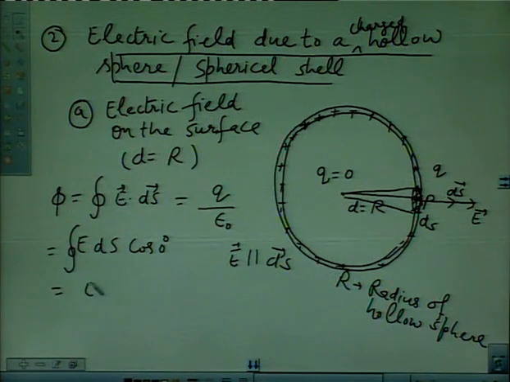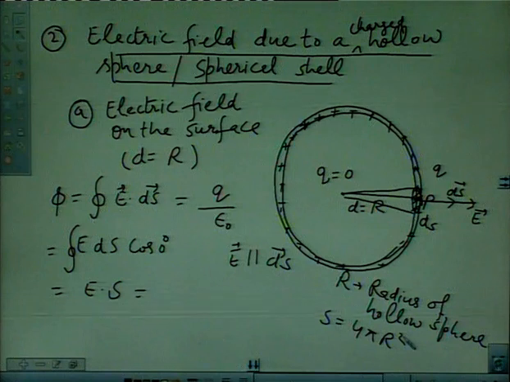This is equal to E into total surface area. Here we have to take the surface area of this hollow sphere, which is 4 pi r square, where r is the radius of the sphere. So this is E into 4 pi r square.